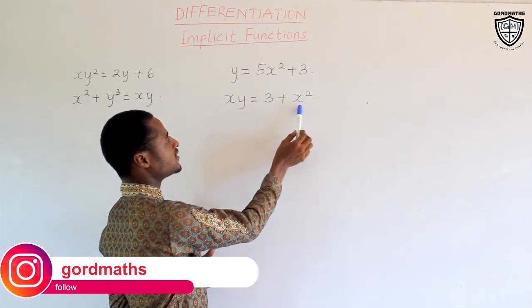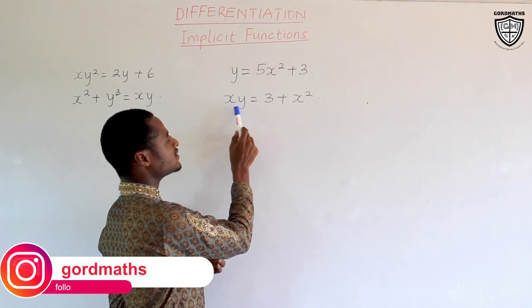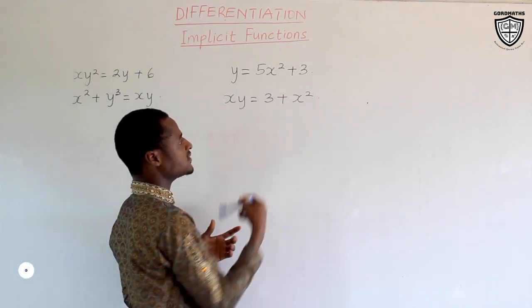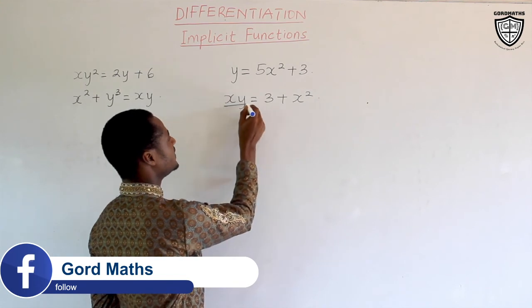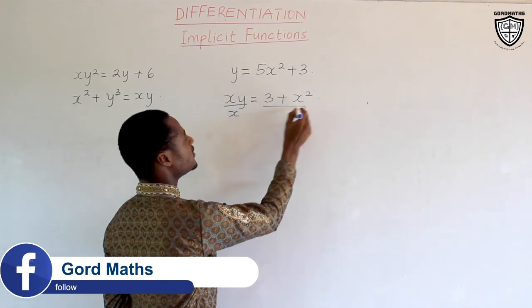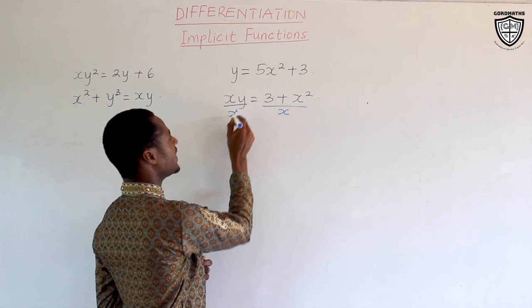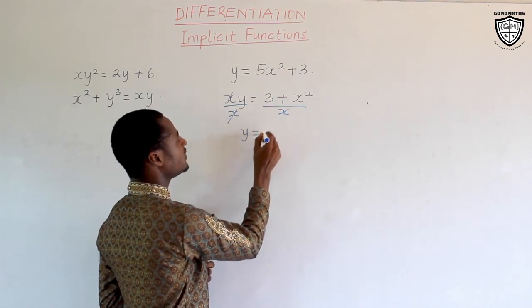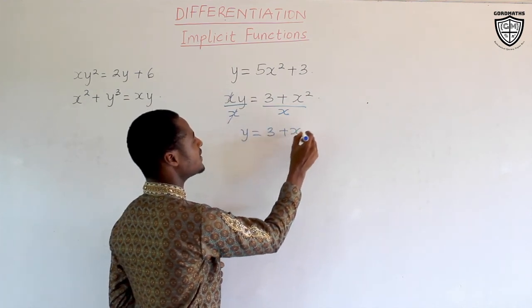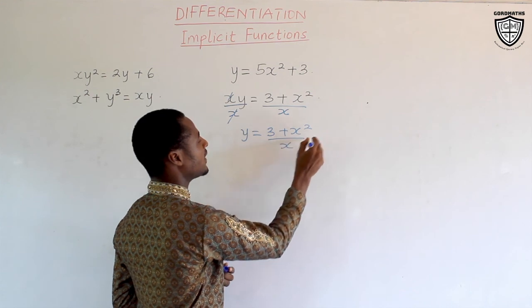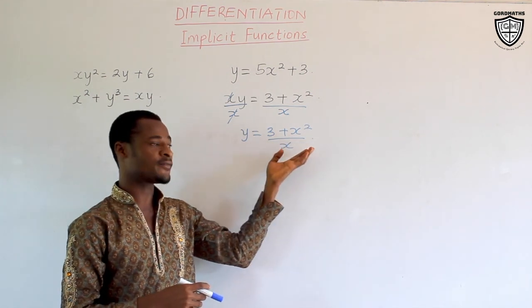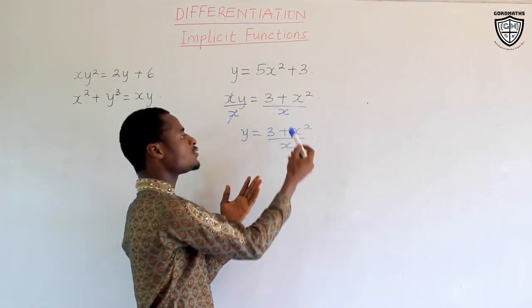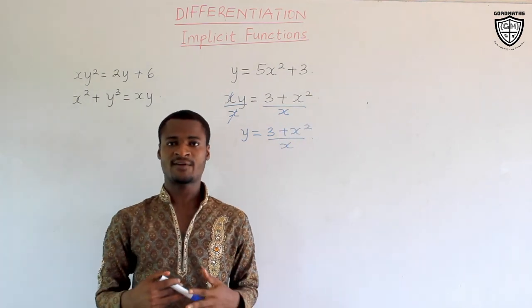Now in the next function, even though y is not expressed in terms of x, we can make y the subject of this function by dividing both sides of the equation by x, so that y will now be equal to 3 plus x squared all over x. Therefore, y has been stated in terms of x, and so we call these two functions explicit functions.